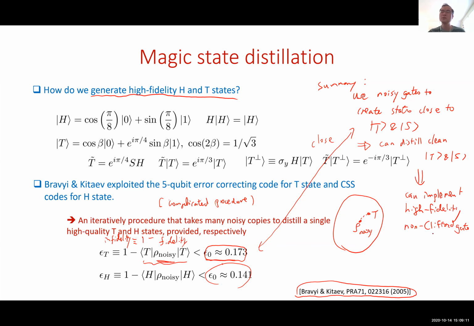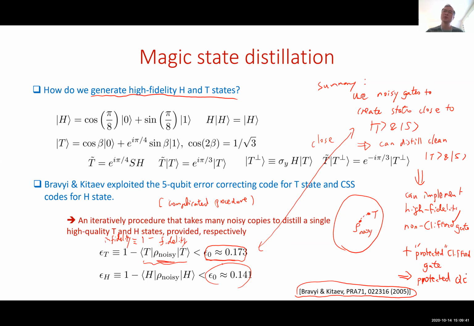Okay, so once you have high fidelity non-Clifford gate plus your maybe protected Clifford gate, then you can have protected quantum computation.